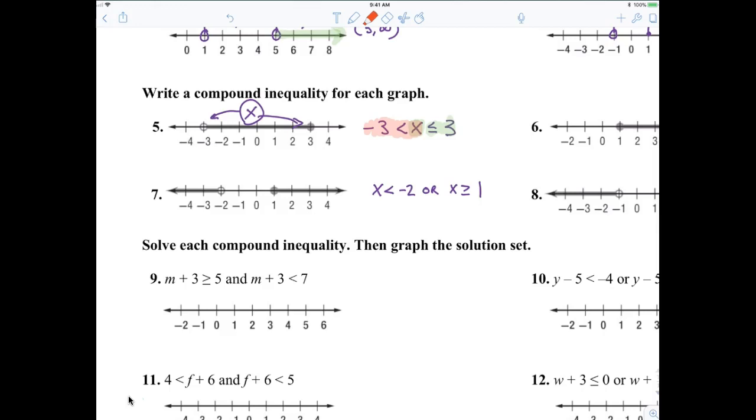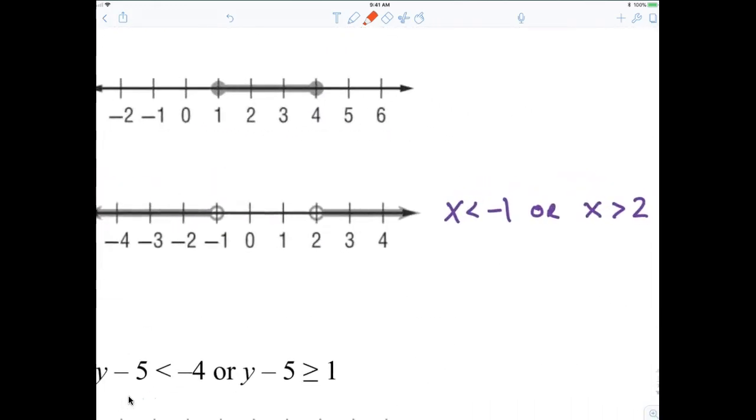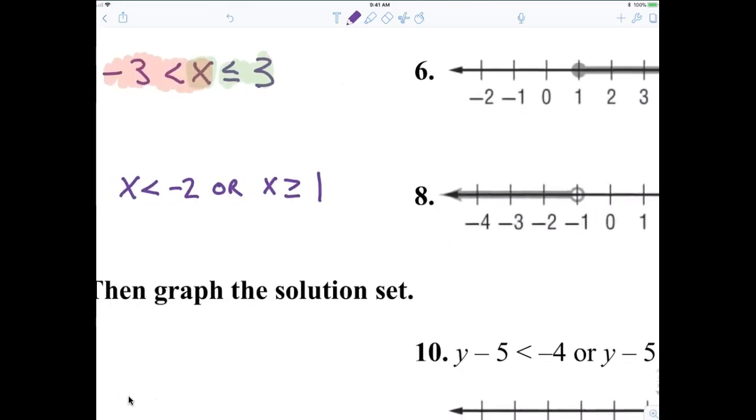Now, let's take a look at number 6 then. Start from left to right. In my opinion, the easiest way to do it is to write the numbers down first. 1, then a variable, then a number. And these signs will always be written in the same direction.